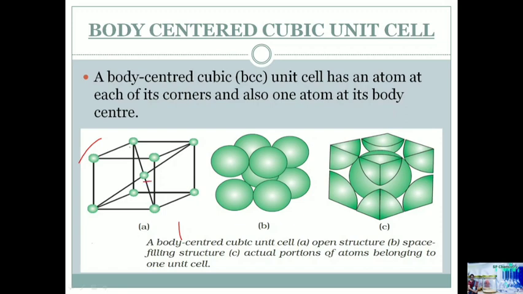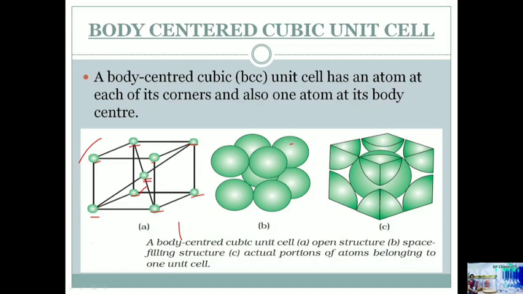Just imagine this is an open structure of a BCC, a cube, a 3-dimensional figure. Just imagine here 4 at the top and 4 at the bottom, 8 corners, 8 atoms are present, and at its body center one atom is present, right?